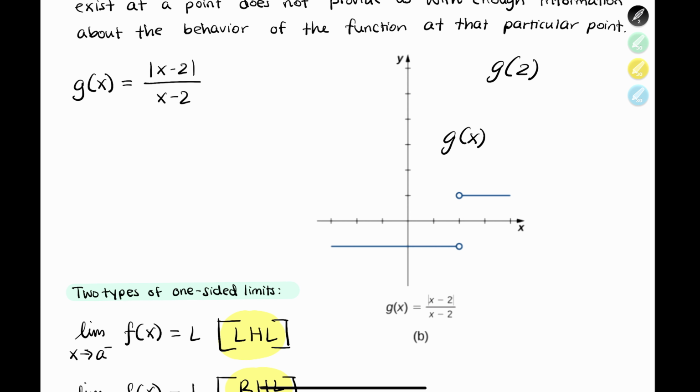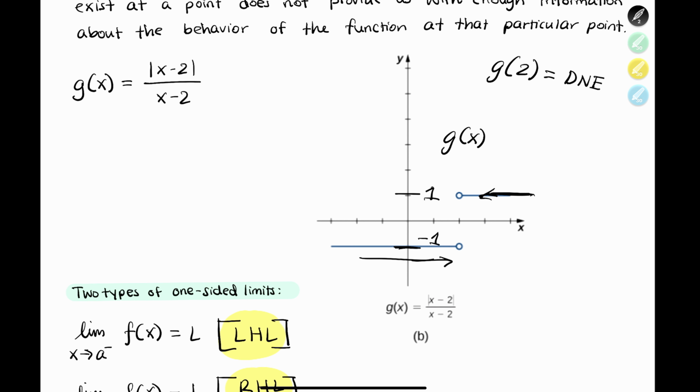So g of 2 does not exist, there's no value, and we could see that as we're approaching 2 from the left hand side, we're actually approaching the value of negative 1. And as we're approaching 2 from the right hand side, we're actually approaching the value 1.